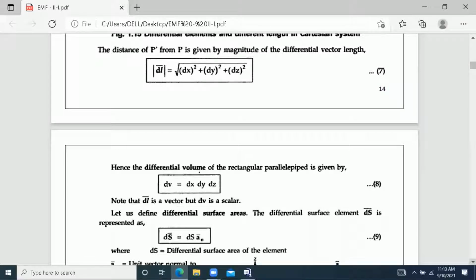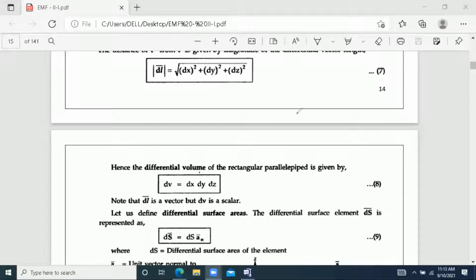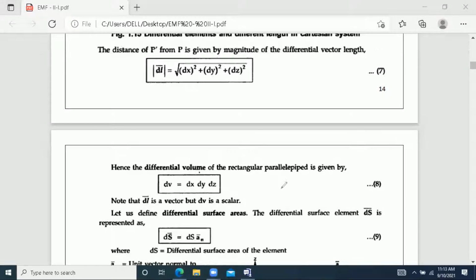A small volume of that volume would be dx, dy, dz. You have a cube.